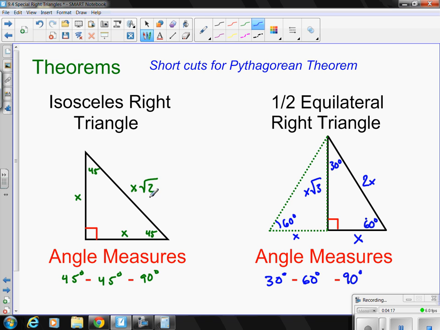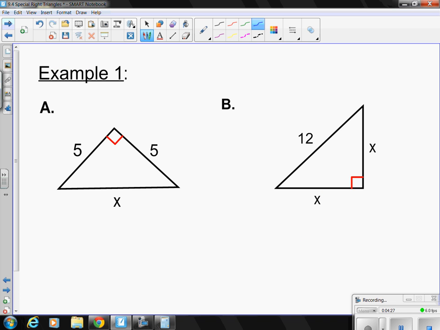So the 45, 45, 90 triangle has the square root of 2, and the 30, 60, 90 triangle has the square root of 3. Okay? We can use that to quickly find side lengths, and it'll be simplified and it'll be exact.